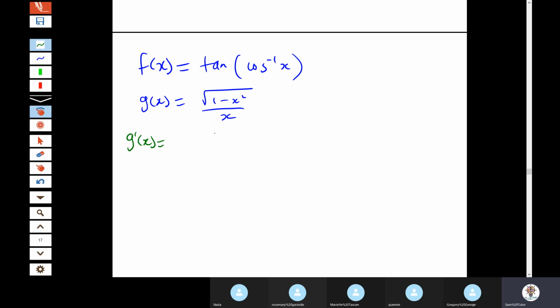G dash of x. Okay, what are we going to use? Yeah, quotient rule, right? U dash v minus v dash u. Do we agree with that?